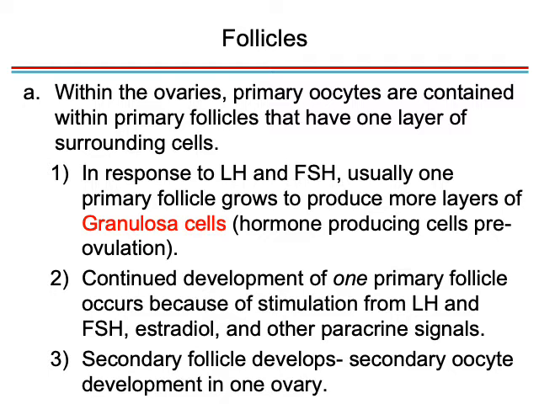Okay? So again, one primary follicle is chosen. Normally, in rare cases, it may be multiple ones, and that's how you get fraternal twins, not identical twins.